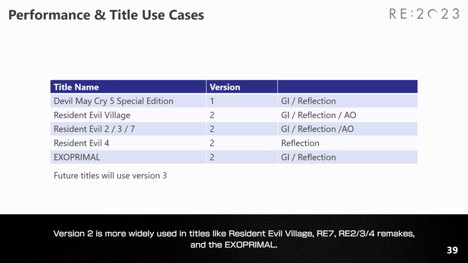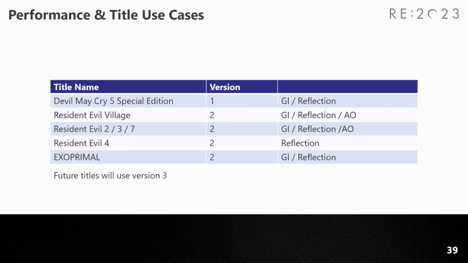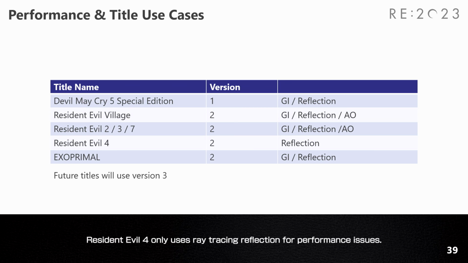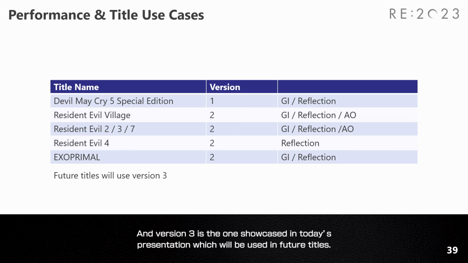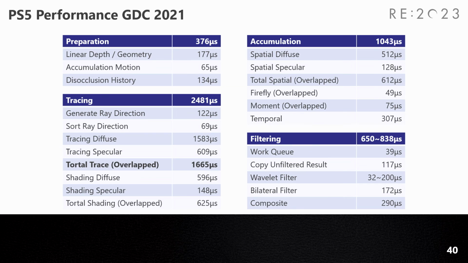Version 2 is more widely used in titles like Resident Evil Village, Resident Evil 7, the Resident Evil 2, 3, 4 remakes, and Exoprimal. Resident Evil 4 only uses ray tracing reflection for performance reasons. And version 3 is the one showcased in today's presentation, which will be used in future titles.